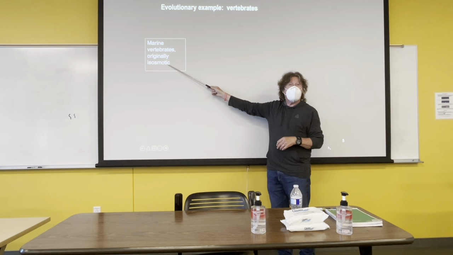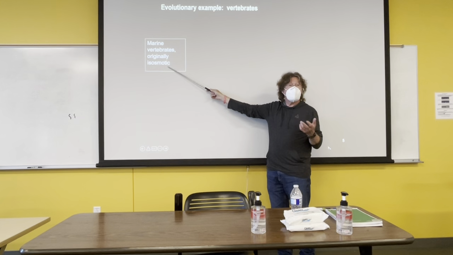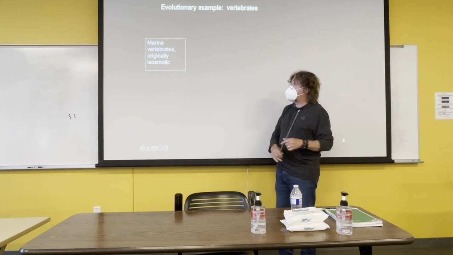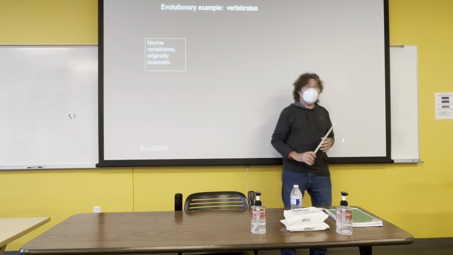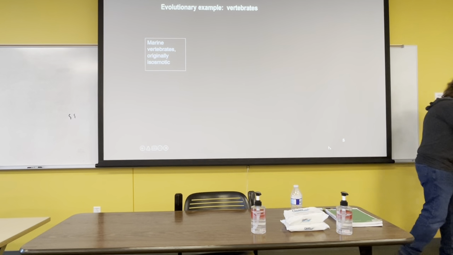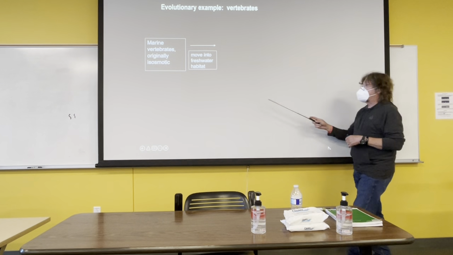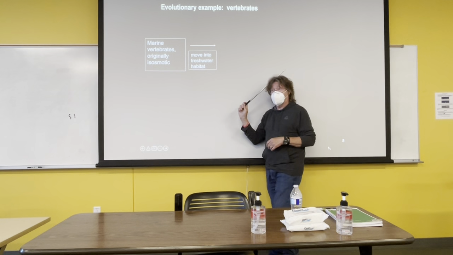Hagfish are isosmotic. Hagfish are also, I believe, ionoconformers as well, okay? But not gnathostomes. Here, originally isosmotic, we believe that the ancestor of the gnathostomes moved into fresh water, okay?